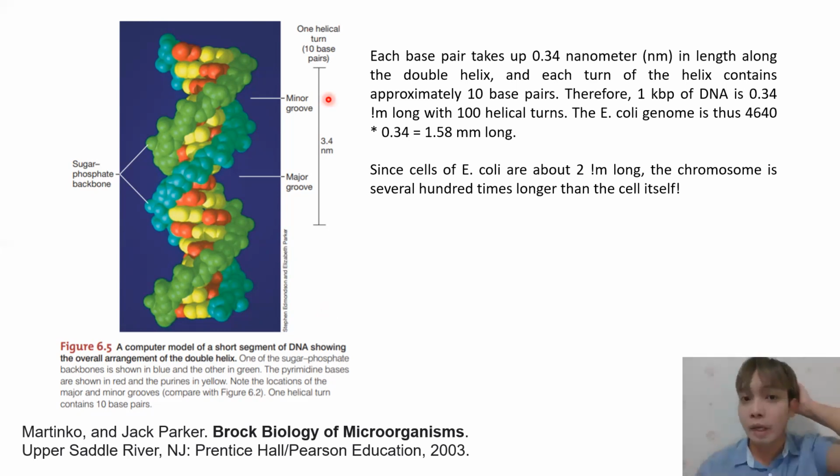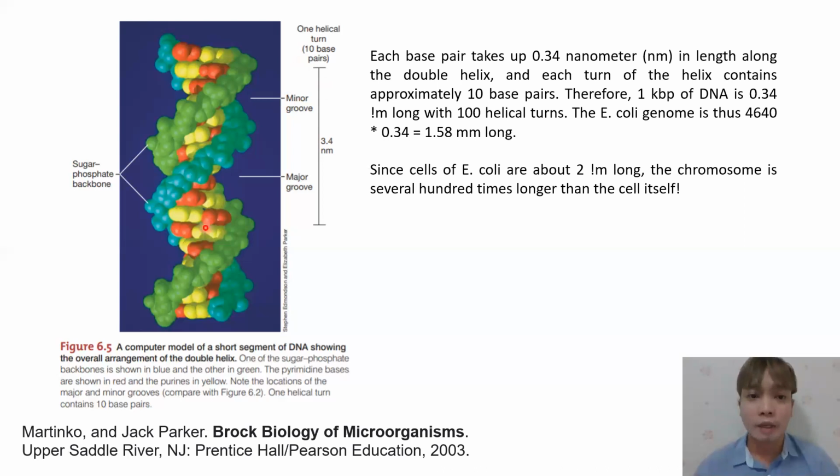So, yung one helical turn of the DNA, usually that is made up of approximately 10 base pairs. Okay. And so, approximately 10 base pairs depends sa klase ng helical turn or type ng DNA. Pwedeng 10, 11, or 12. Okay. And nag-turn siya, we have this minor groove and major groove.